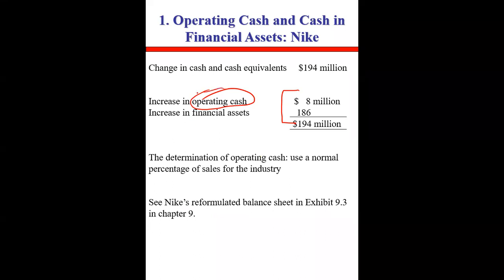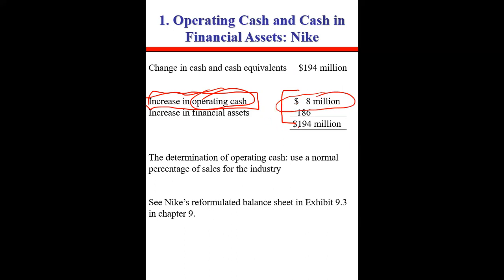So they have made investment in operating cash. It has not been allocated or separated, but we discussed that it should be separated out: operating cash and the financial asset. So in operating cash, how much investment has been made by Nike? 8 million. How can you calculate it?